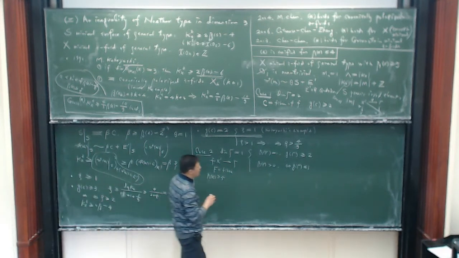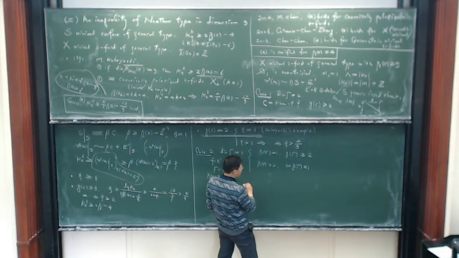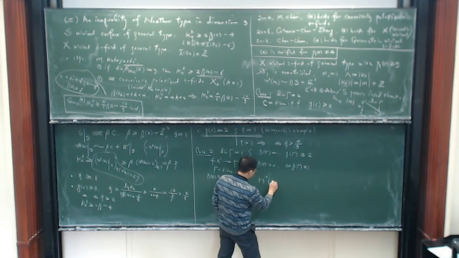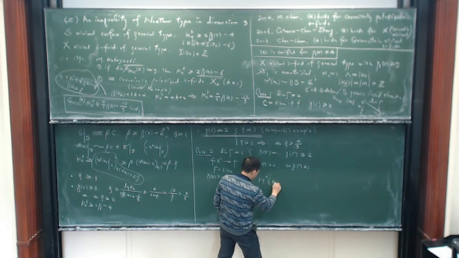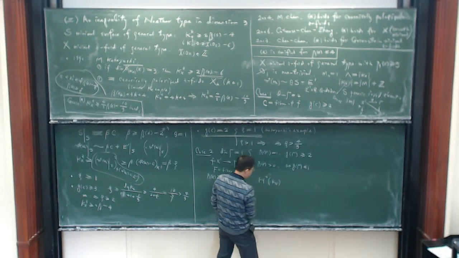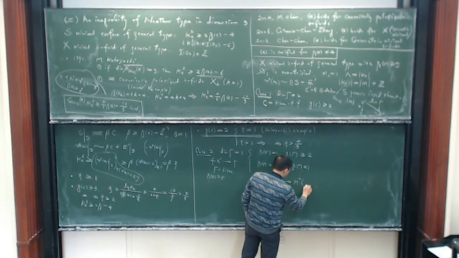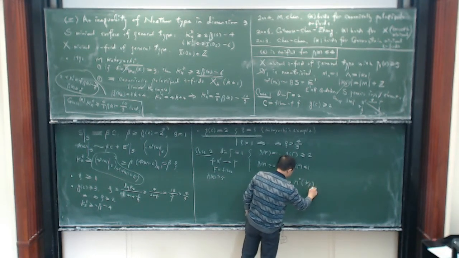This is simply because you see this long exact sequence. You have K_X prime here, and you map this to K_F.